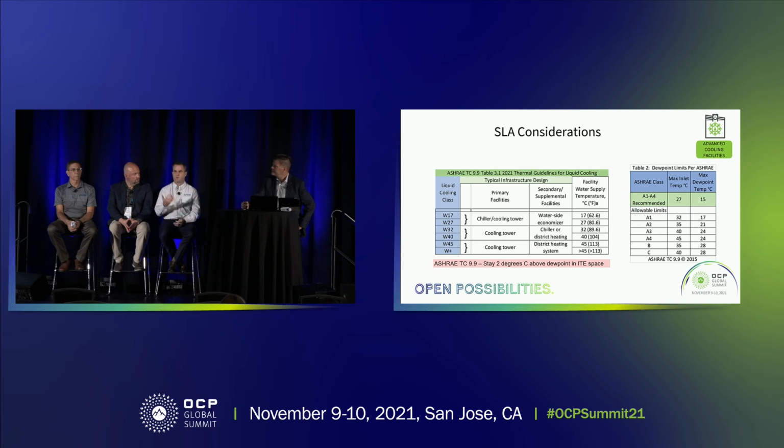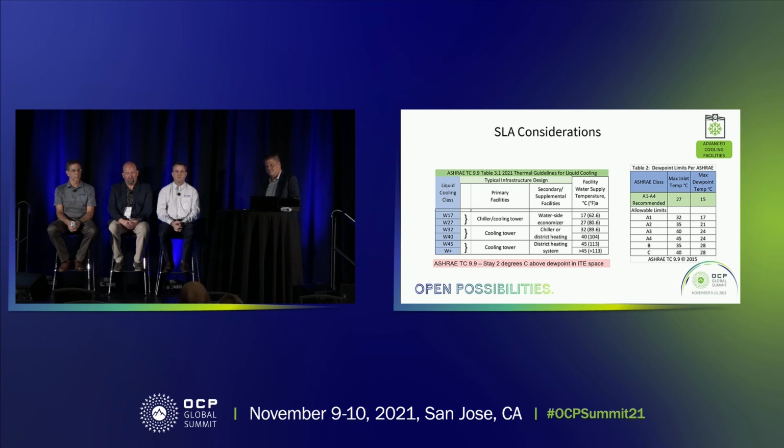So with this, we have the temperature classes denoted here. One of the other things written into the thermal guidelines that OCP supports is a clarification of the definition. Previously, if you had a W3 solution, which by the way corresponds to 32C, all you had to do was be able to operate your equipment somewhere up above the upper limit of W2, which was at 27C. So if you operated at 28, technically speaking, you were W3.